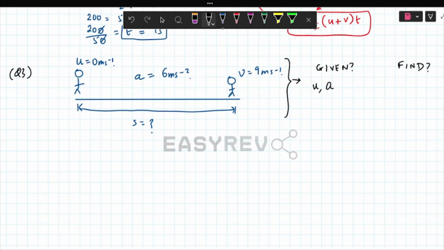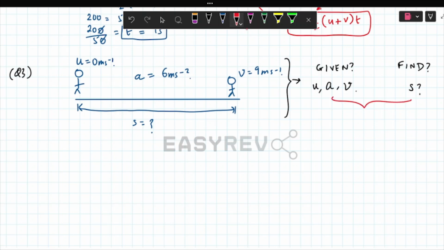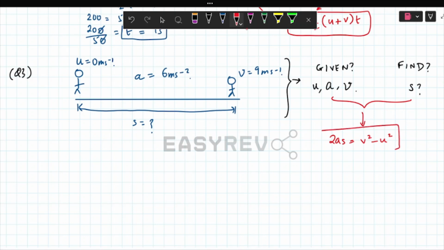He has a constant acceleration of 6 meters per second squared and a final velocity of 9 meters per second. And what we wish to find is the displacement. The only one equation that relates initial velocity u, acceleration a, final velocity v, and displacement s is 2as equals v squared minus u squared, because it's the only equation that doesn't contain any inclusion of time t.